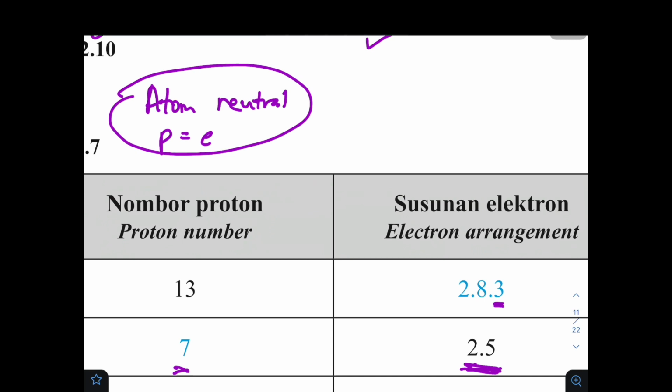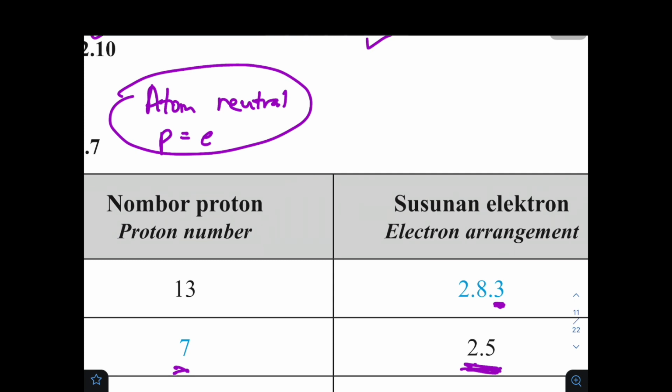Okay, so valence electrons are electrons that occupy the outermost shell of an atom. Maksudnya, valence elektron ni adalah elektron yang berada di shell paling luar dalam sesuatu atom. Kalau kamu tengok sini, this is the outermost shell.